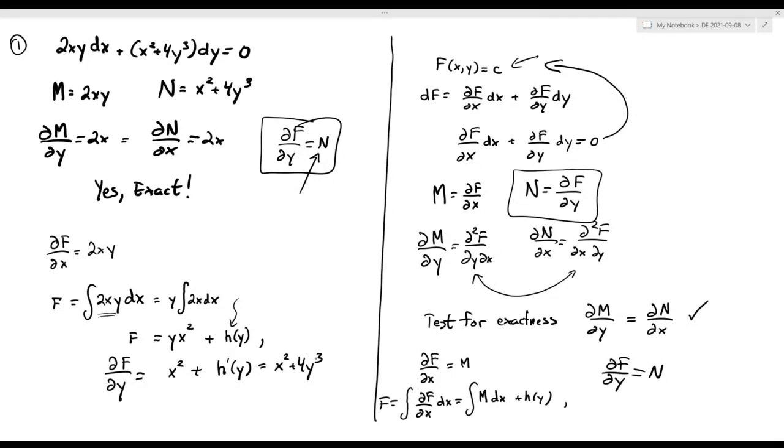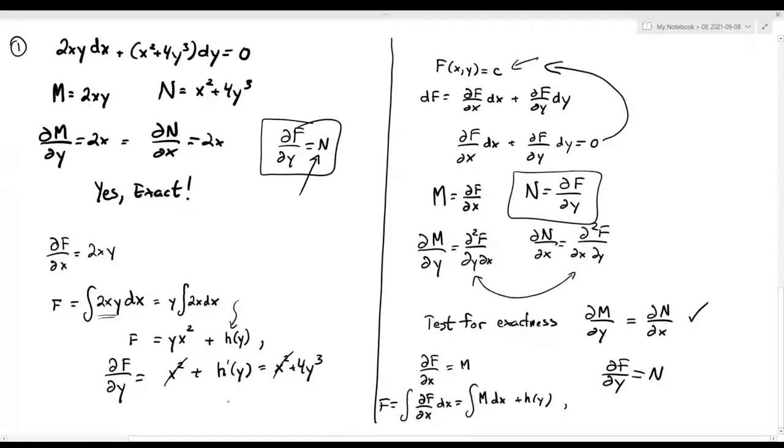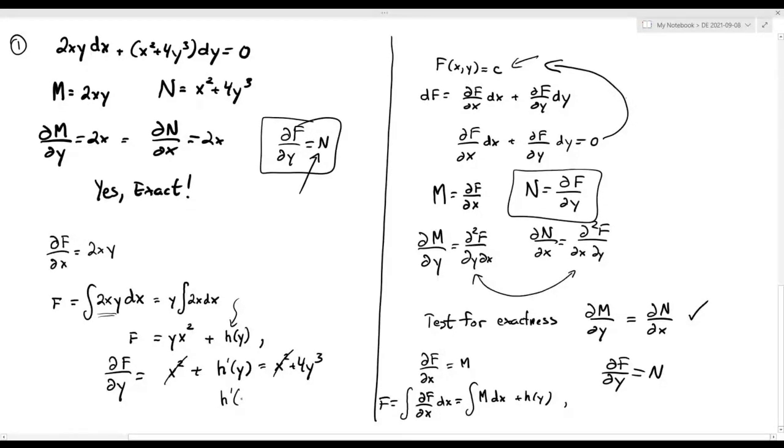All right, so notice the beautiful thing. The x squares cancel out. And all the x's better cancel out because according to this, h is just a function of y. So h prime is going to be just a function of y. So you better just have y's left over, no x's, otherwise you get some sort of contradiction of an assumption.